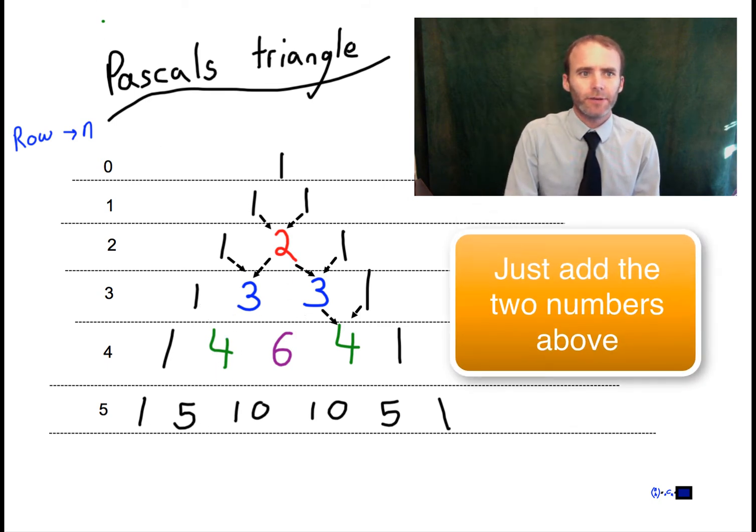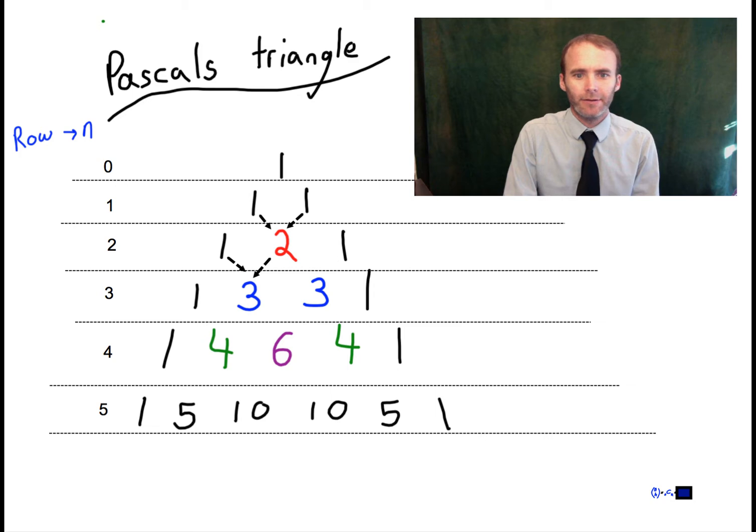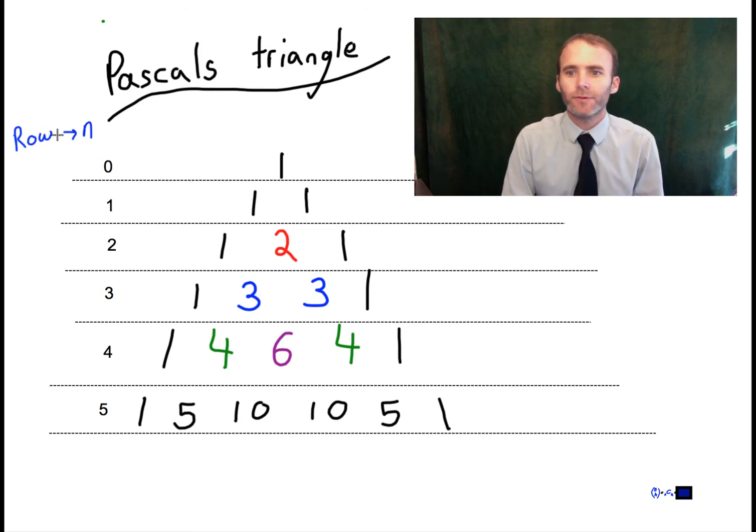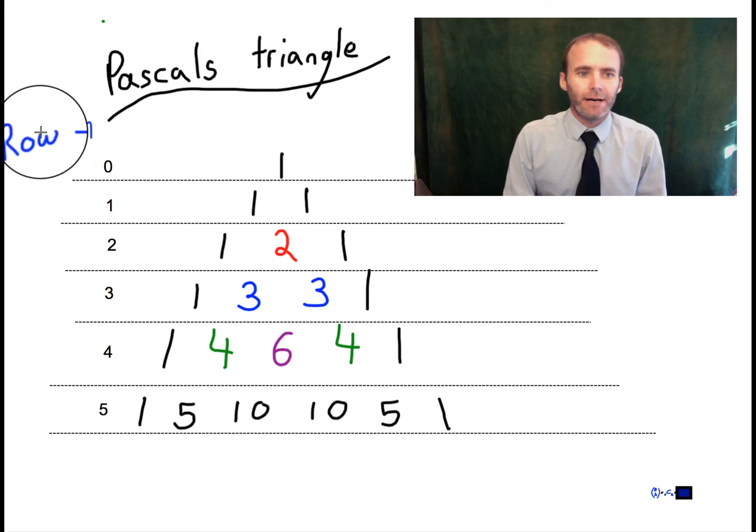So that's the logic behind Pascal's triangle. There are a lot of really great relations and uses that come along with Pascal's triangle, and we'll be exploring those throughout Algebra 2.